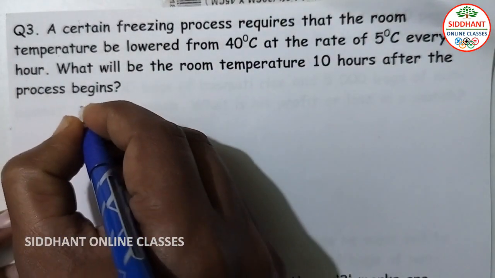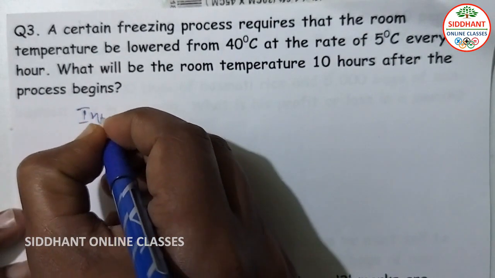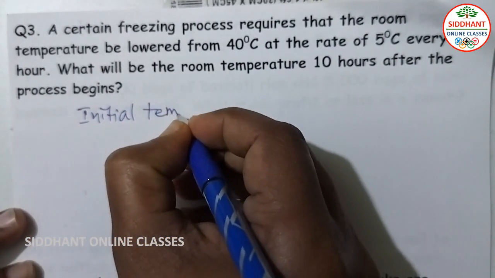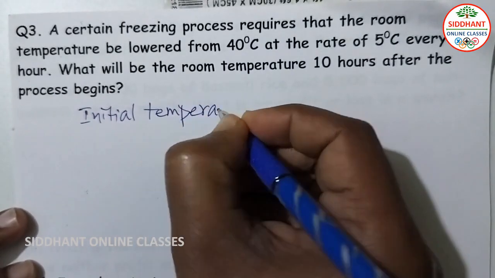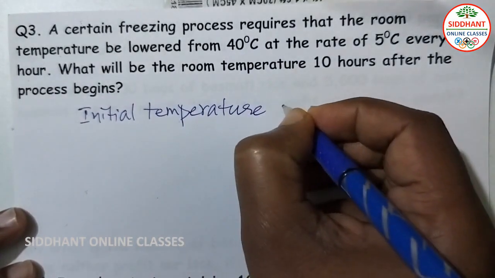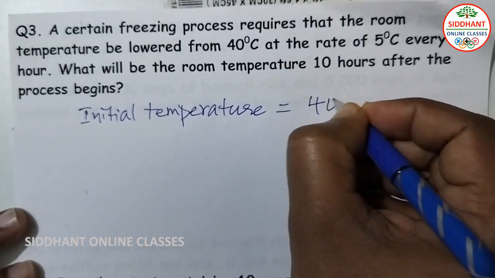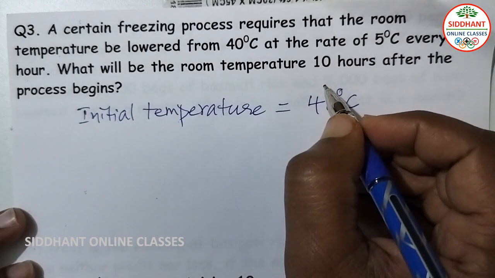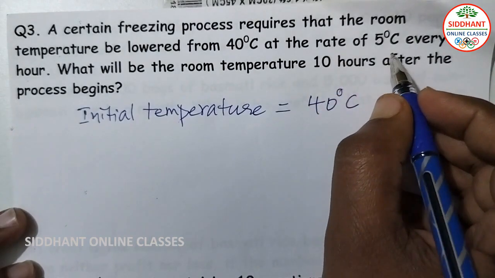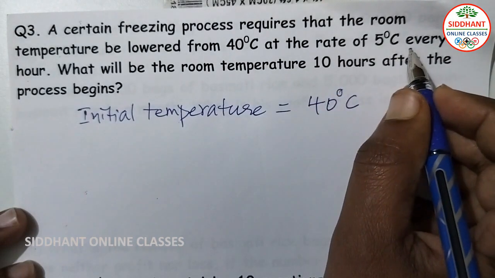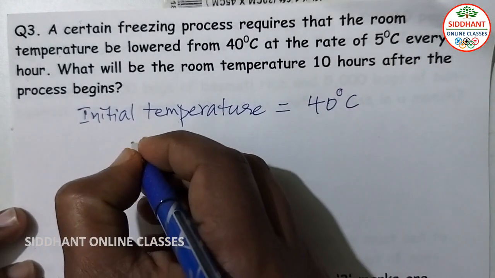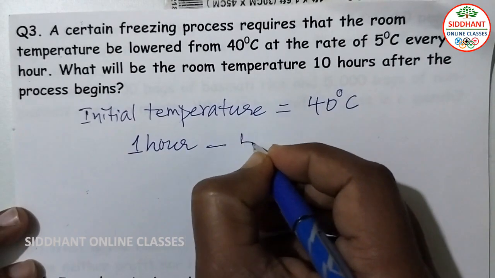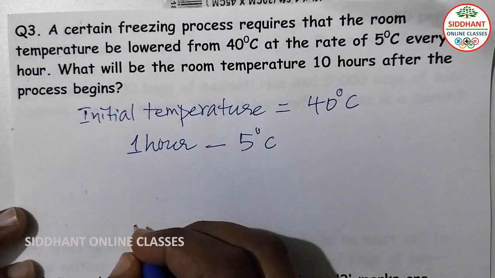So here the initial temperature is 40 degrees Celsius. In the question it is given that every hour there is a change of 5 degrees. So 1 hour, 5 degrees.